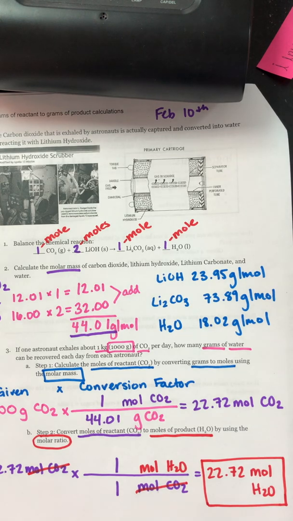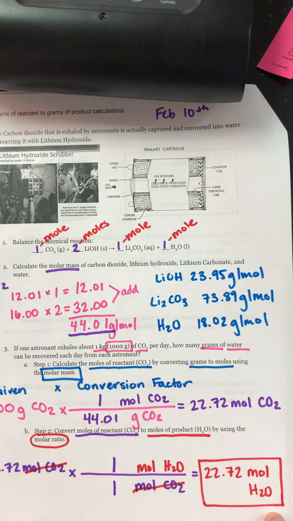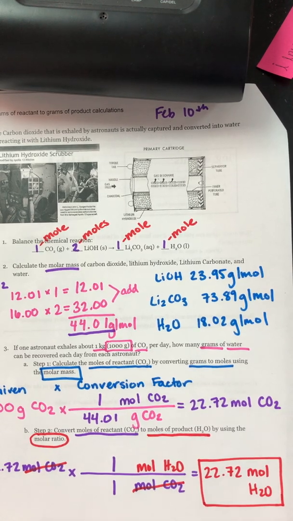We know how much water is produced based on a certain amount of CO2. But mole is not a super useful or convenient unit for us to think about. So the very last step in solving a problem like this is we're going to convert to a more useful unit. We'll convert to grams. Knowing how many grams of water is produced is a little more useful than moles.